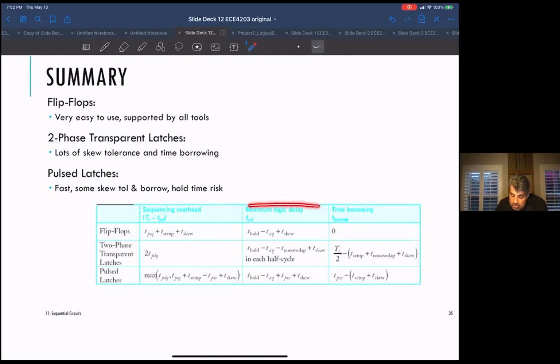But the minimum delays are also more dangerous in some ways because you can really get a non-working chip. So use flip-flops, worry about hold time delay, and the last thing to remember is that clock skew is going to exist in all your designs, just because physically it takes time for a clock to get to all the different points in your circuit. You're probably going to spend a significant amount of your design time trying to deal with that skew. So I will stop it there.